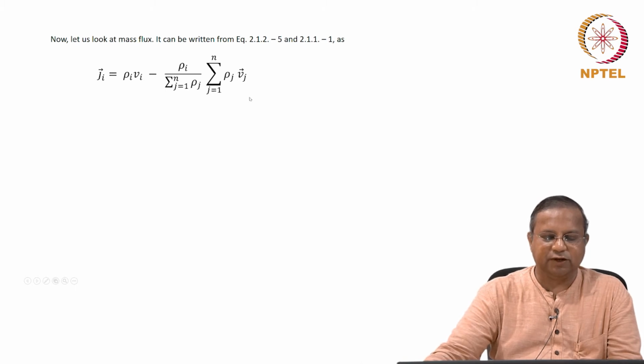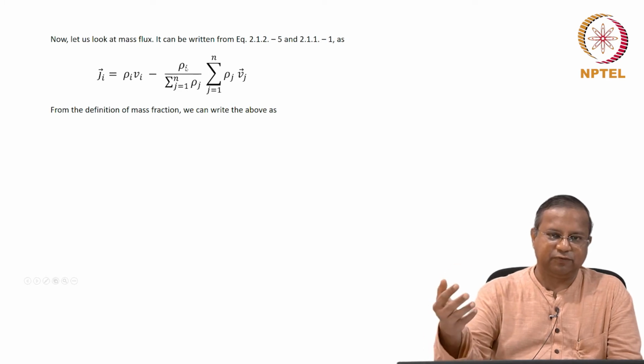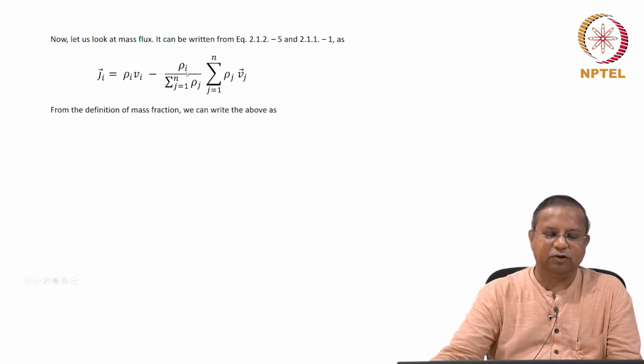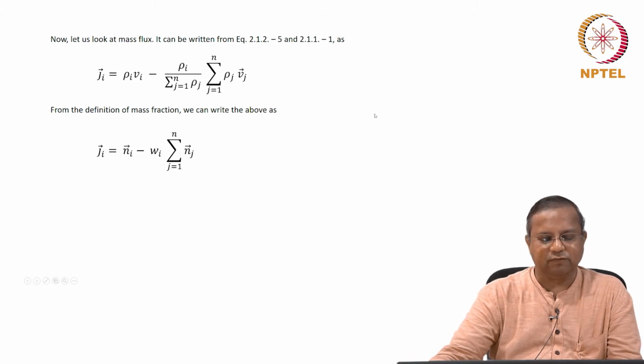This is nothing but the mass fraction. From the definition of mass fraction, which is the mass of i divided by the total mass, you divide above and below by volume, you get the density of i divided by the total density, right? And therefore, Ji is Ni minus Wi times the sum over Nj of all the different mass fluxes.